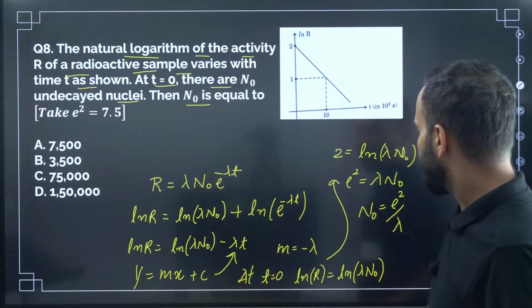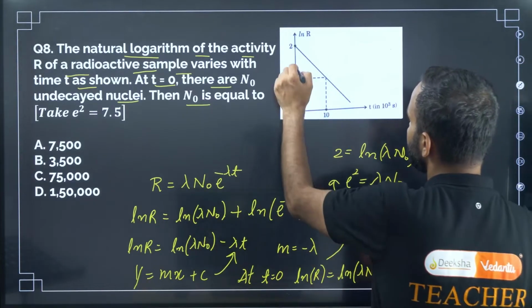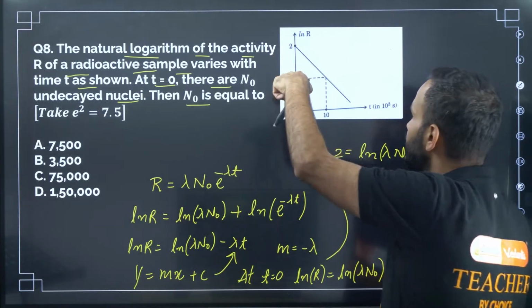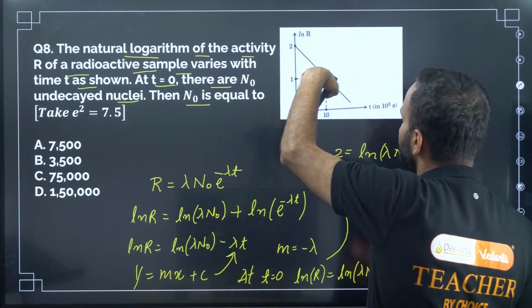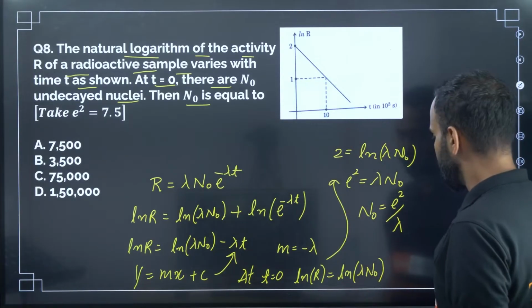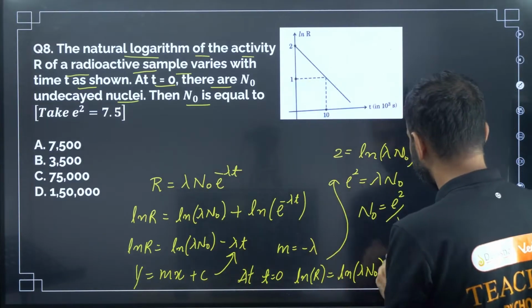So what is lambda? Lambda is the slope. Take the slope, which will be 2 minus 1, dy by dx, so 1 divided by 10 into 10 to the power 3.